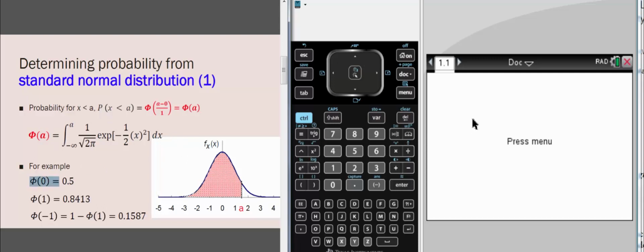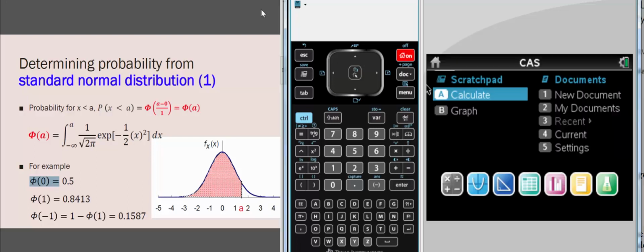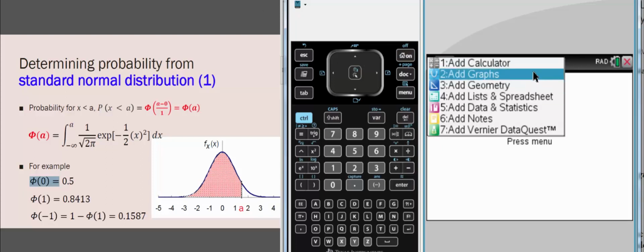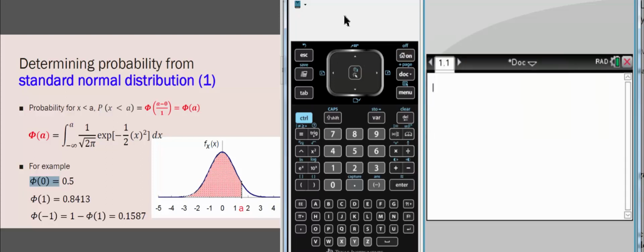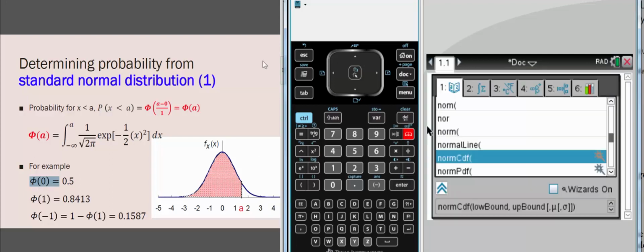And let's see how we can actually do it easily. So turn on your calculator and insert a new document, which in this case is a calculator page. And for the standard normal CDF, we can press the book key. I call this the book key.